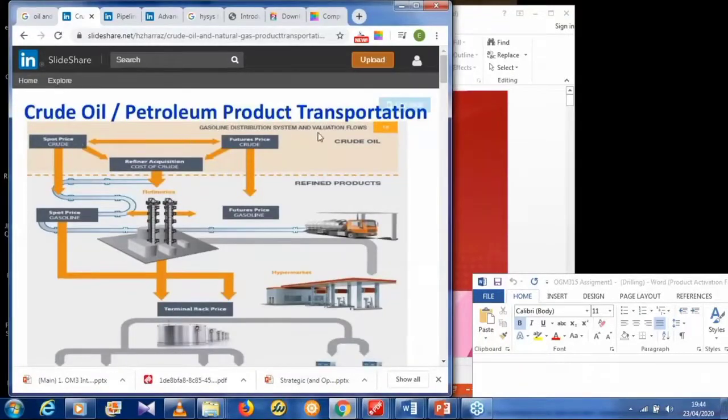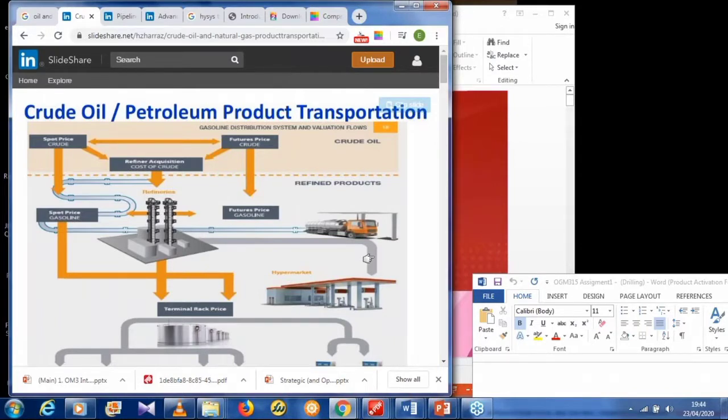You know, the gasoline distribution system, and for crude oil, you have it channeled to the tankers. From the tankers, they are then used to supply the filling station or the final dispensing point, as it may be.